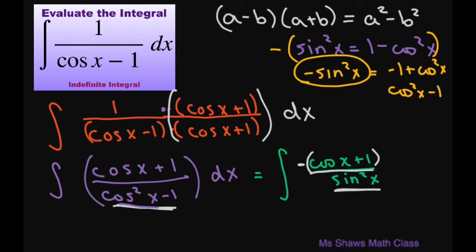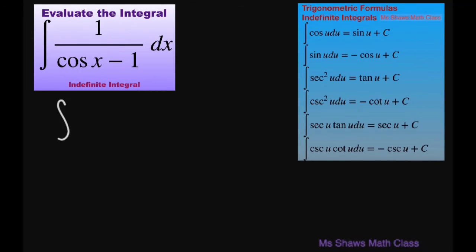And now the next thing is to separate this out. So what we're going to have is the integral of negative, and we had cosine of x plus 1, and then sine of x squared.